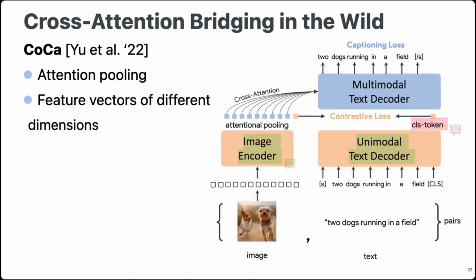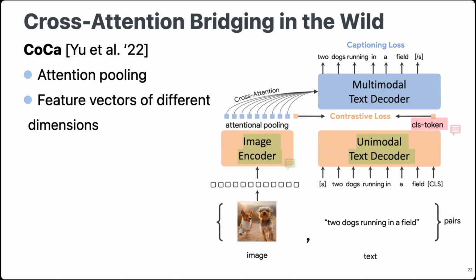Then we have the cross-attention where two modalities meet. One thing I'd like to highlight here is that they are using attention pooling. The reason is that we have different dimensions here. To do cross-attention, we need, say, 256 tokens, but for the contrastive loss, in their case, they use one token only.